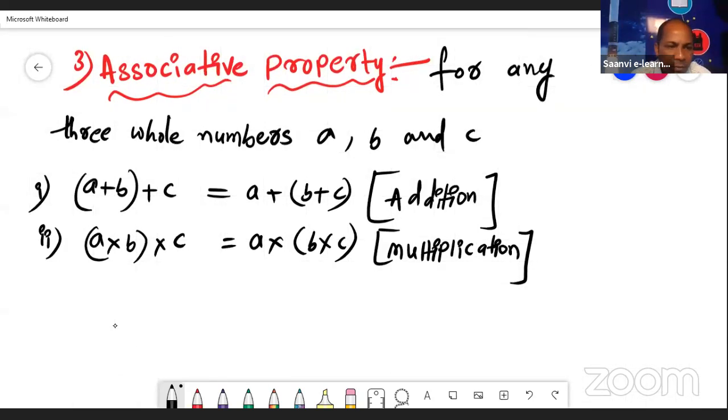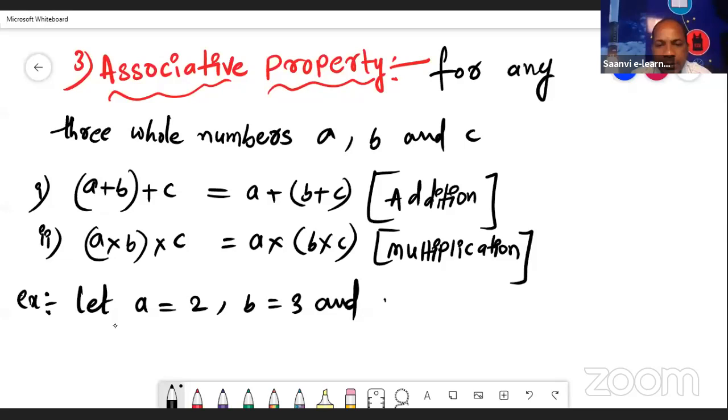For example, you take any three values. Suppose I am taking A is equal to 2, B is equal to 3, and C is equal to 5. Now check associative property under addition.